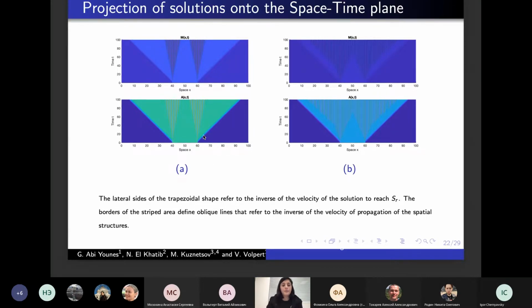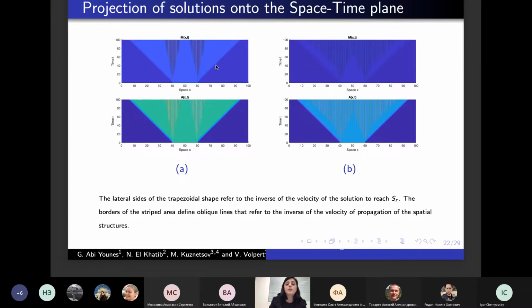So here, as I told you, this line refers to the propagation towards SR, and the oblique line formed by the border of these lines refers to the propagation of the spatial structures.